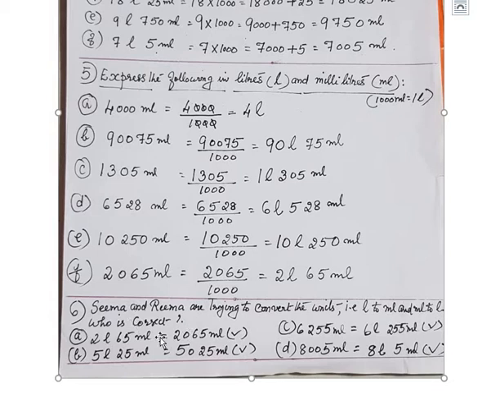You can see in your textbook, in the workbook, Seema's and Reema's answers are given. First one, 2 liter 65 milliliter. 2 options are given. Seema's option is 265 ml and Reema's is 2065 ml. Which is the correct one?